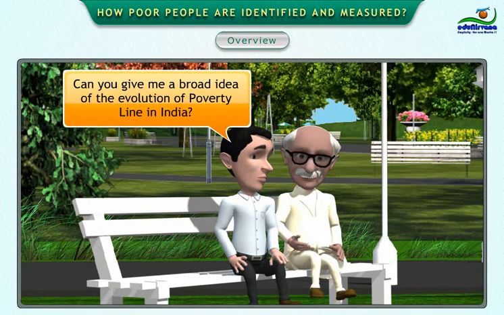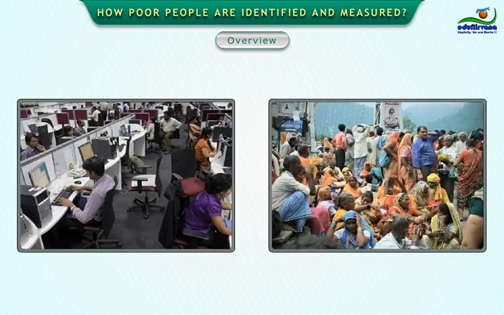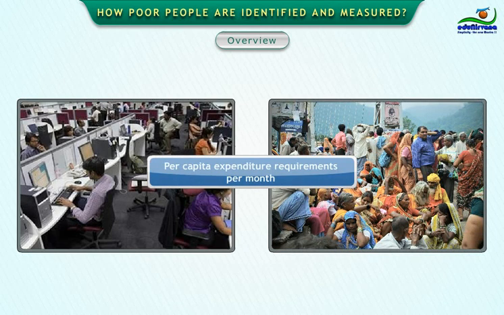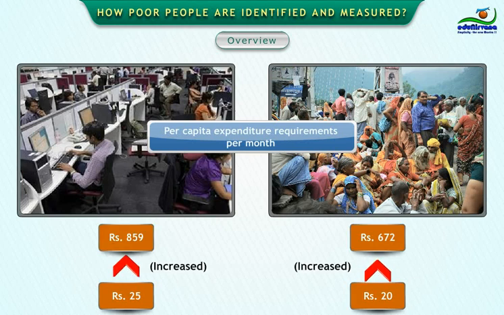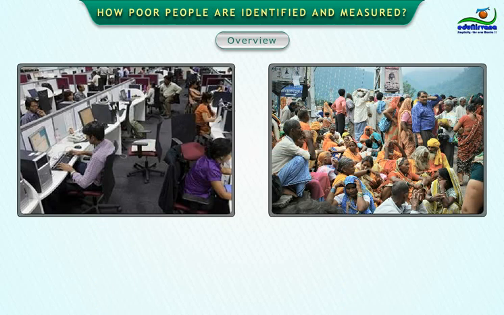Can you give me a broad idea of the evolution of the poverty line in India? As we can see, rural and urban per capita expenditure requirements per month have increased from 20 rupees and 25 rupees per month to 672 and 859 rupees per month respectively.